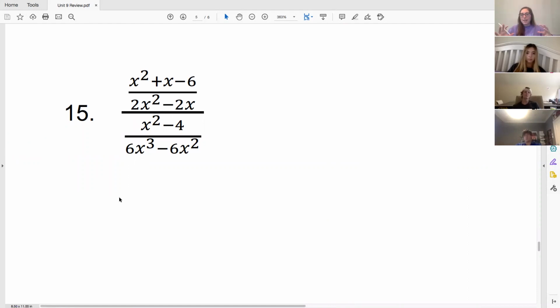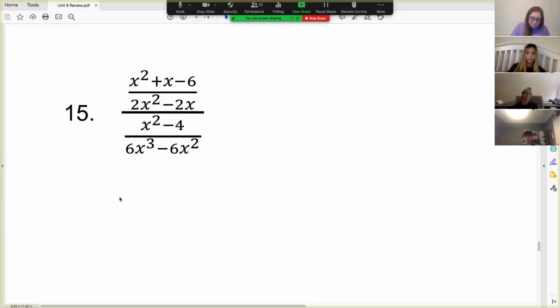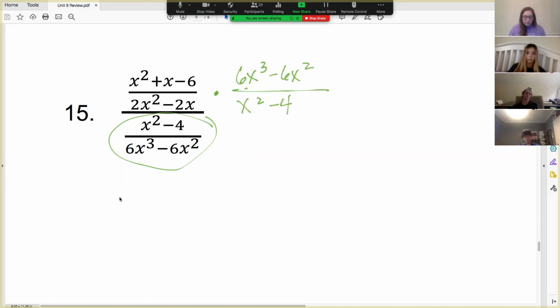There's no plus or minuses outside of the fractions. So I can take the bottom fraction and flip it and multiply. So I could rewrite this as times 6x cubed minus 6x squared over x squared minus 4. So I flipped it, and now I can multiply.